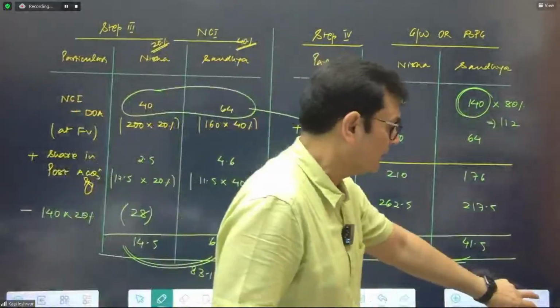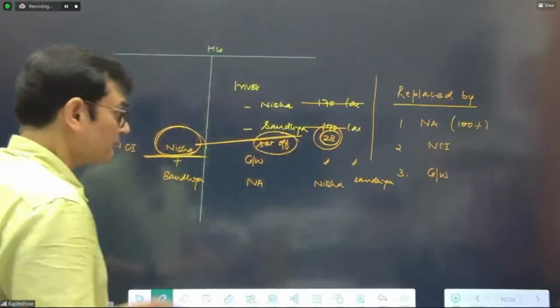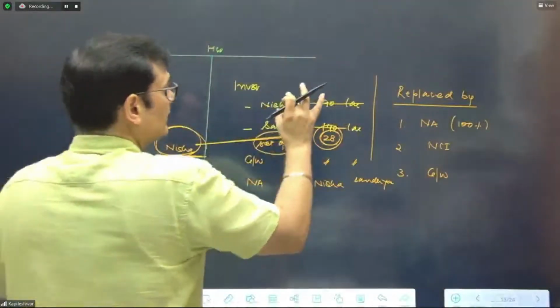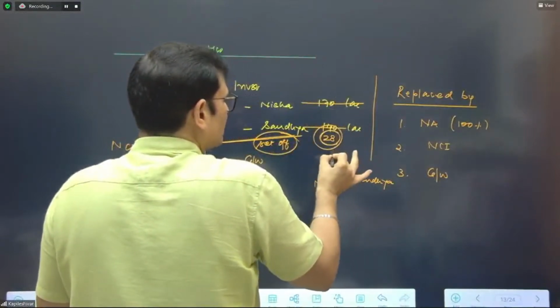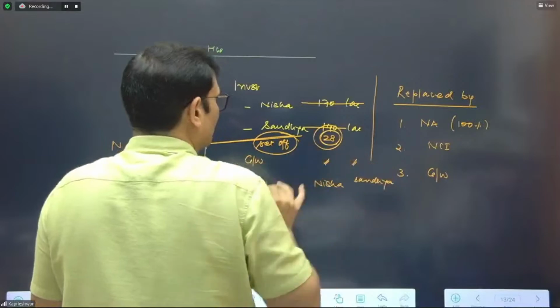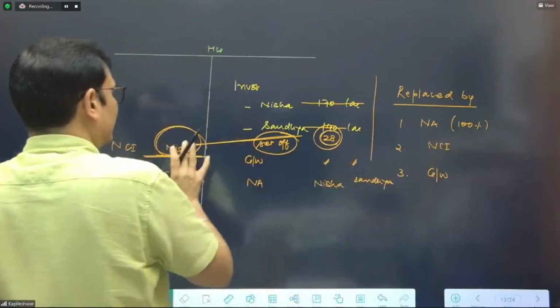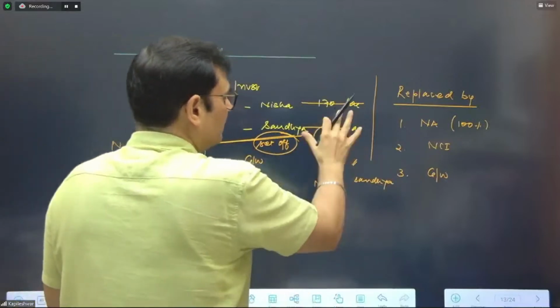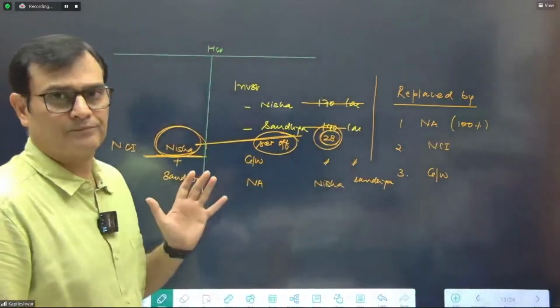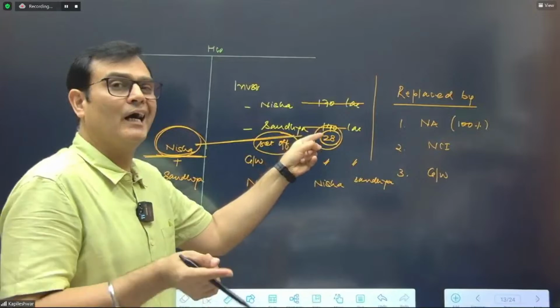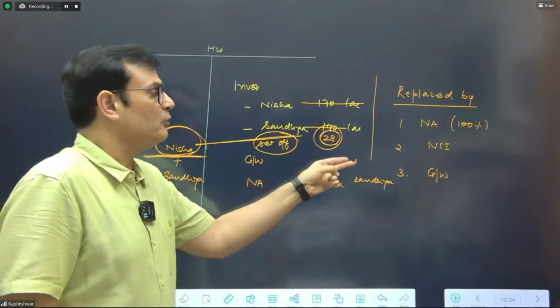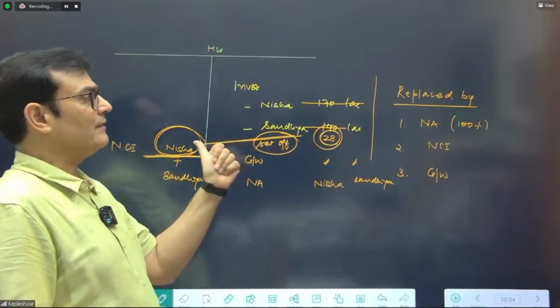So let me just quickly give you the points once again. When you were doing the calculations of goodwill, you took only 80% of 140 in the goodwill. So your goodwill, net assets, and NCI is everything based on 112. Because in the goodwill calculations, you are removing 112, getting the goodwill, getting the net assets and the NCI.